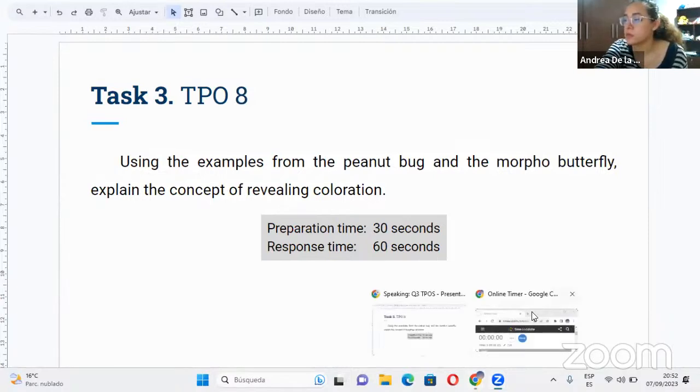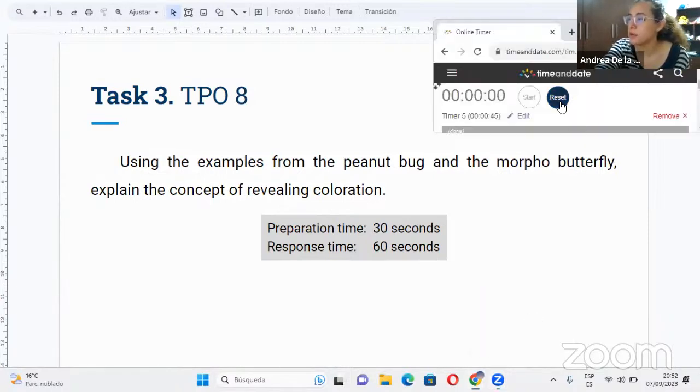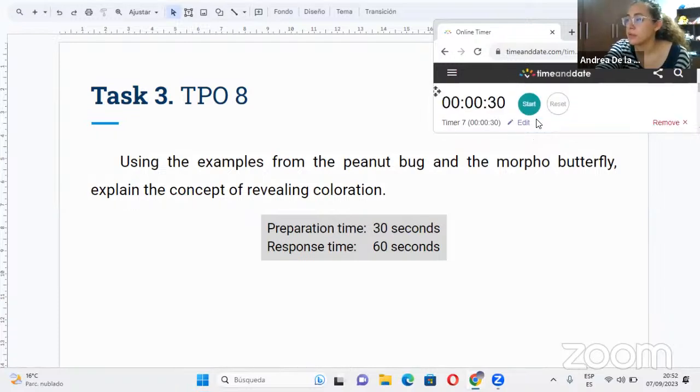Okay, guys. So using the examples from the peanut bug and the morpho butterfly, explain the concept of revealing coloration. Now you guys will have 30 seconds to prepare your responses.